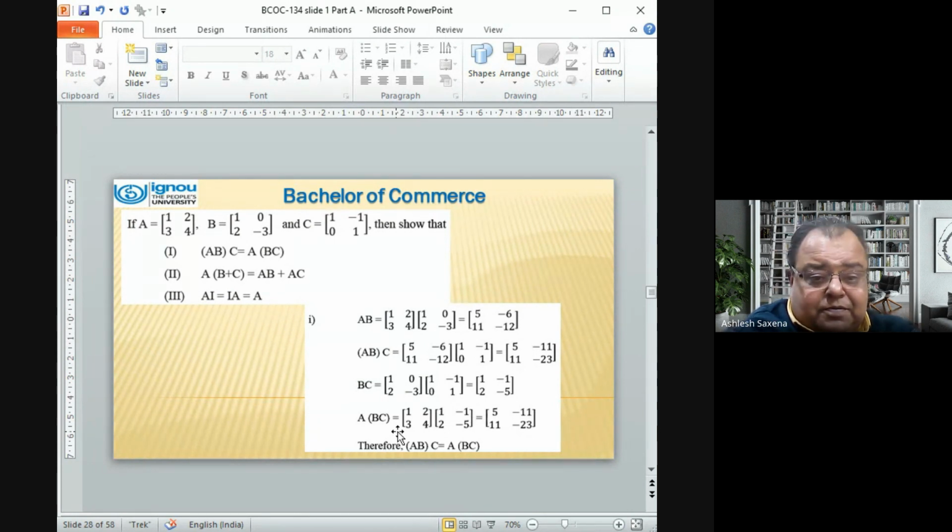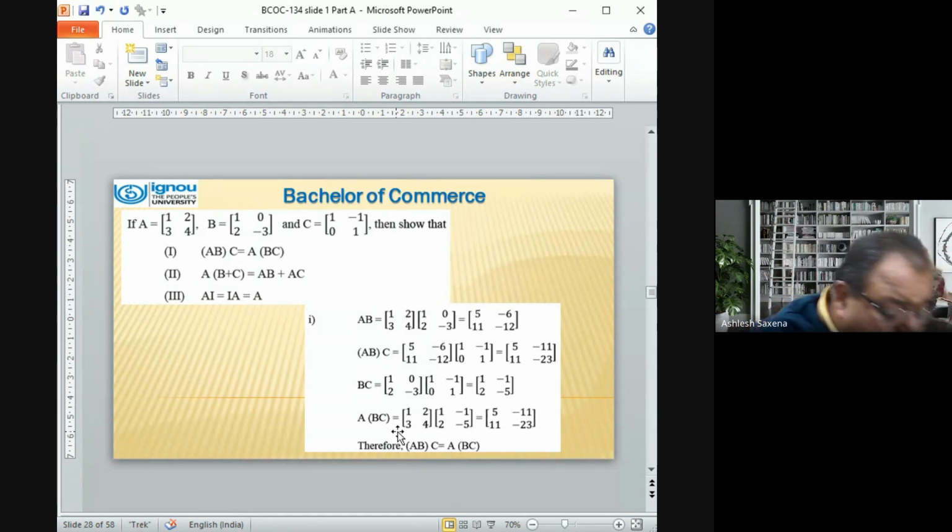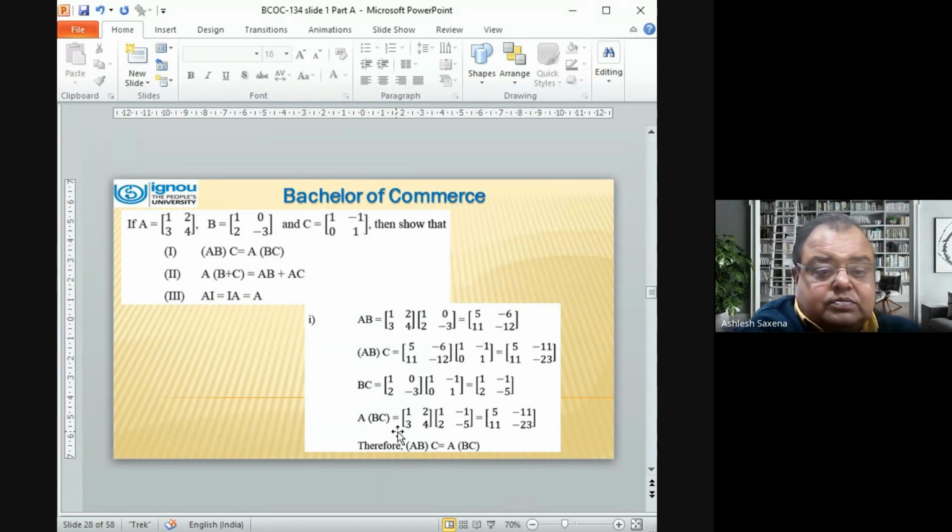There are 2 matrices A and B: A is 1, 2, 3, 4, and matrix B is 1, 0, 2, minus 3. When they are multiplied, you get an answer of 5, minus 6, 11, minus 12. My question is, how did you get this matrix? Nobody can answer it.